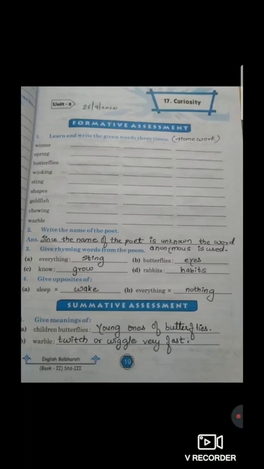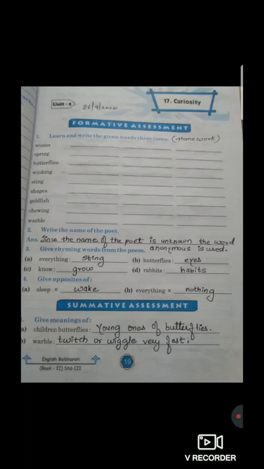Question number 4. Give opposites of. A1, sleep. The answer is wake. B1, everything, answer is nothing. Students, again I am repeating question number 4.